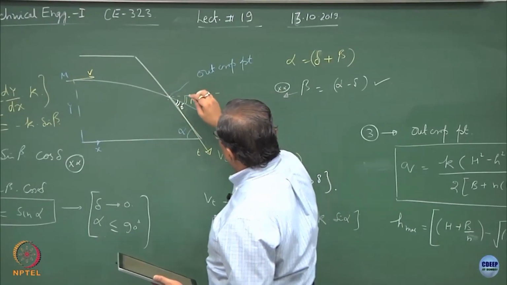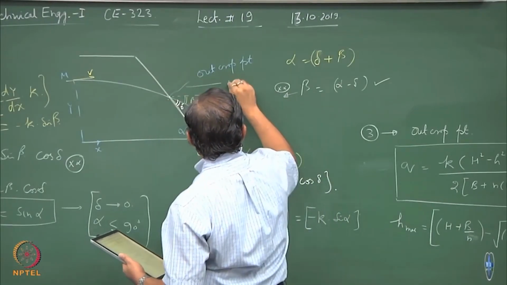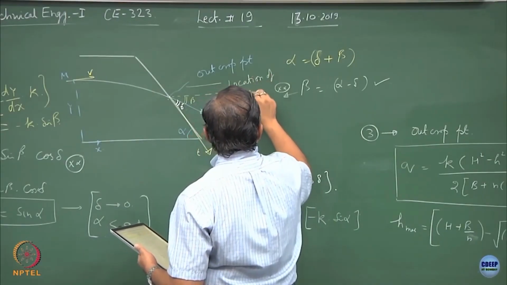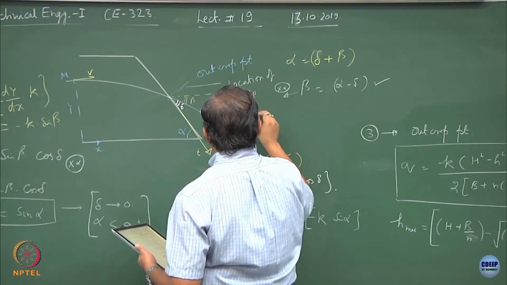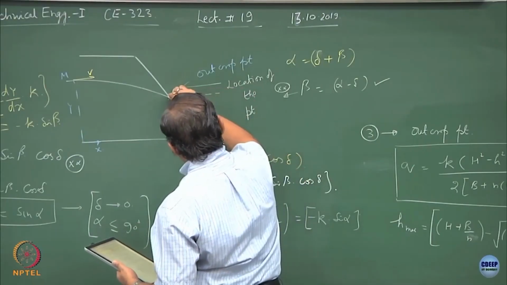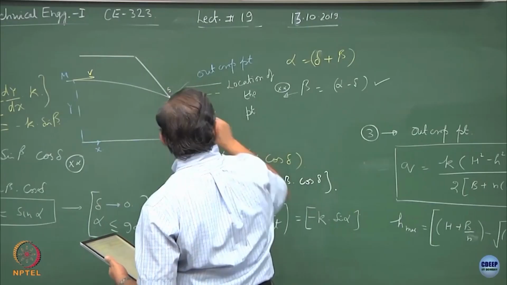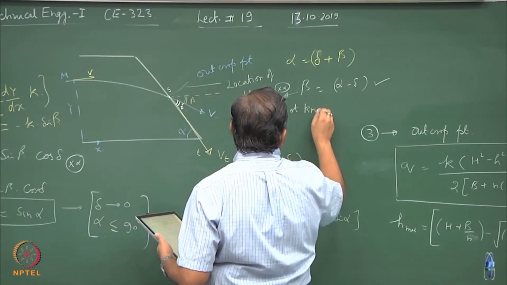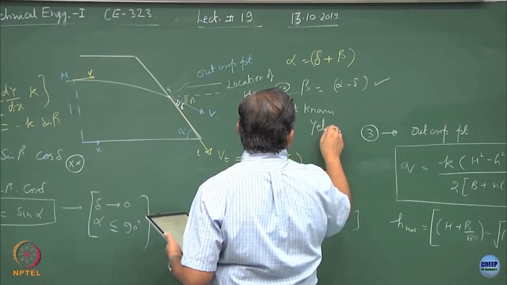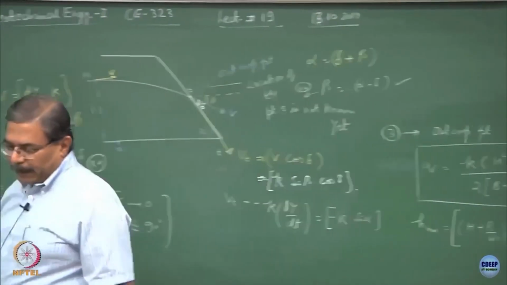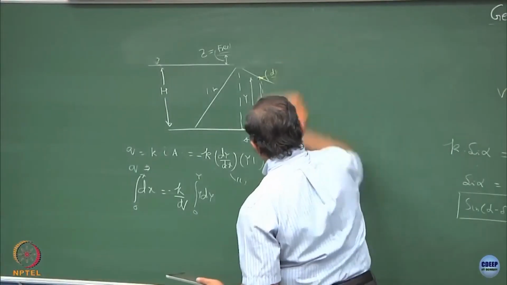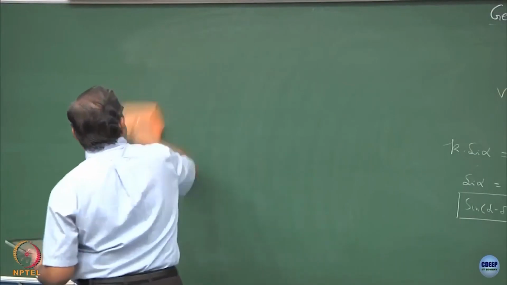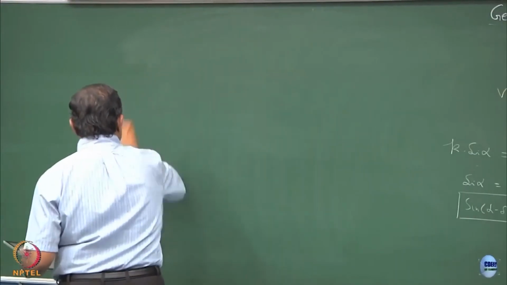We do not know what is the location of this point still. So location of the point O, or let me put it as S, is not known yet. So we will try to find it out. Now there are different methods of finding out the location of the outcrop point.